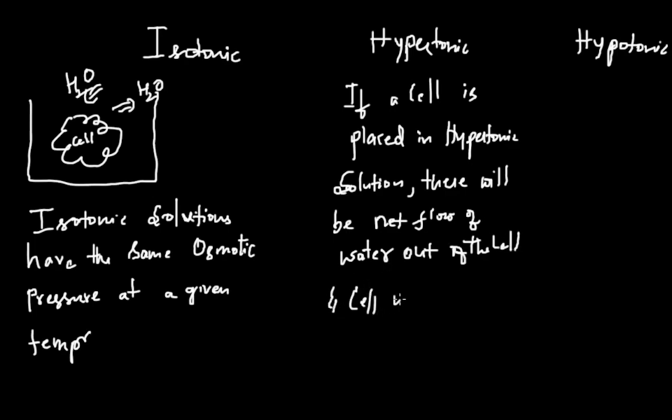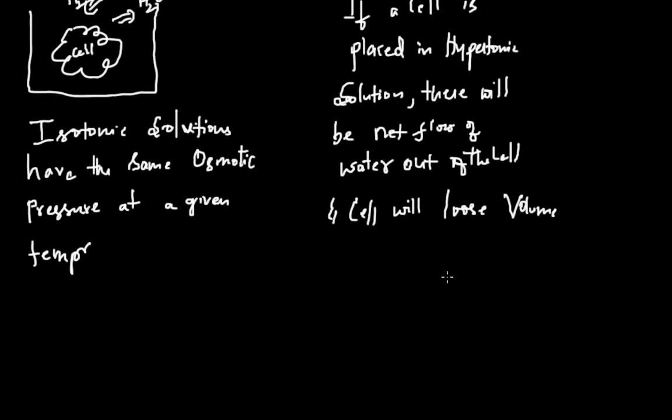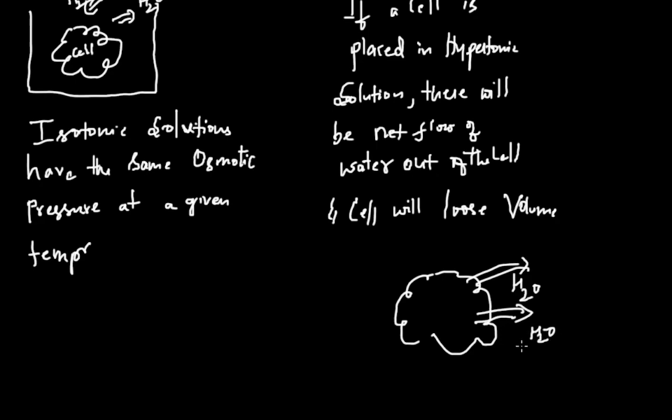The cell will lose water and lose volume, correct? There is a net flow of water, and this water keeps flowing out, and the cell will lose volume.